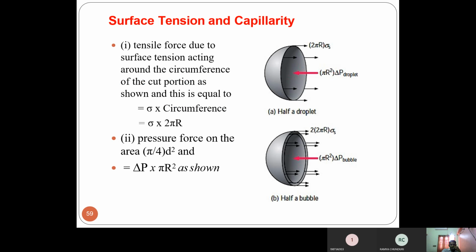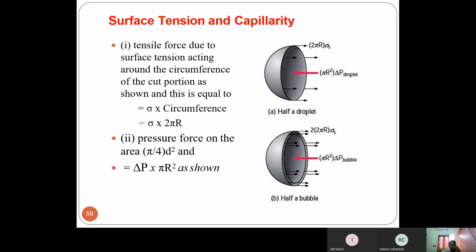This is the bubble. Here we get 2 pi r into 2 sigma s. This is a droplet, and this is the bubble. For the bubble, the surface tension force is 2 into 2 pi r sigma s, that means 4 pi r sigma s.